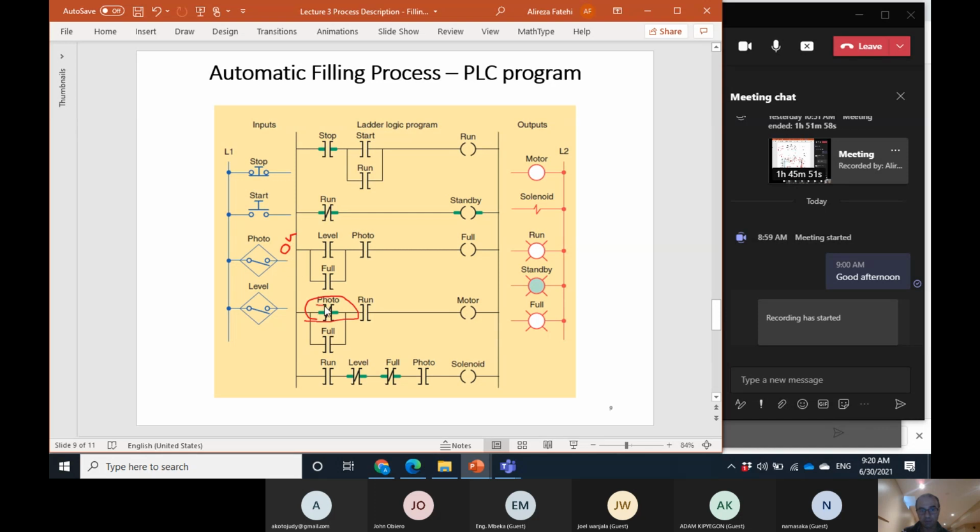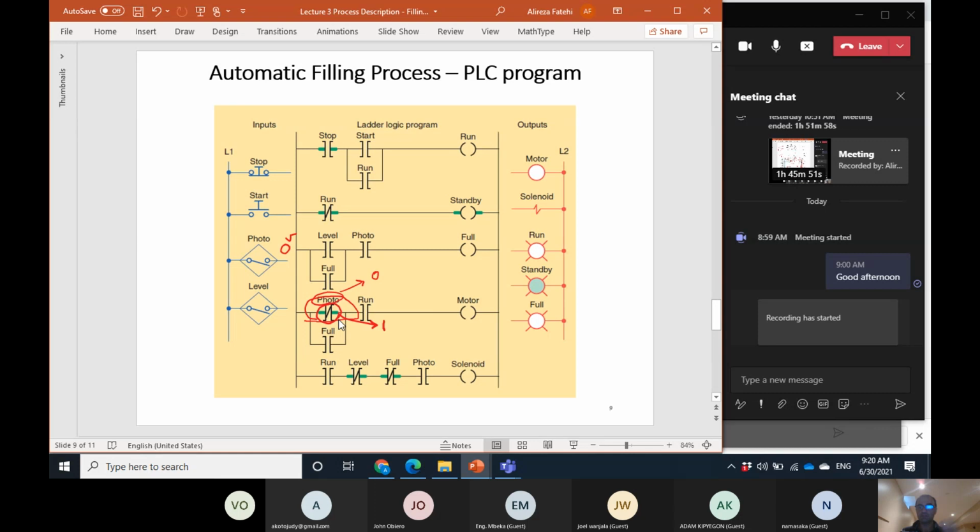So the logic of the photo is 0. And since here we have a normally closed contact, the logic of this is 1. And in that case, the motor turns on, of course, if it is in the run mode. So this is the reason that here we have the normally closed contact. So if there's not any box in front of the photosensor, the motor will be on.